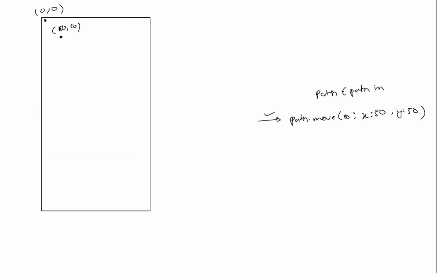Next I want to put another point. Don't think in terms of lines, think everything in terms of points. This whole iPhone screen is nothing but an x and y coordinate system, and you just have to put points. The next point you want to put somewhere here to create a straight line.